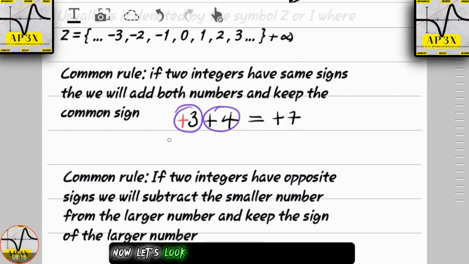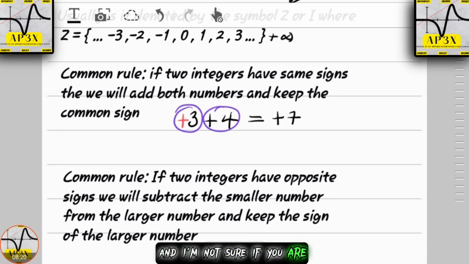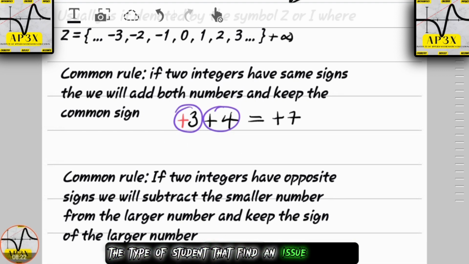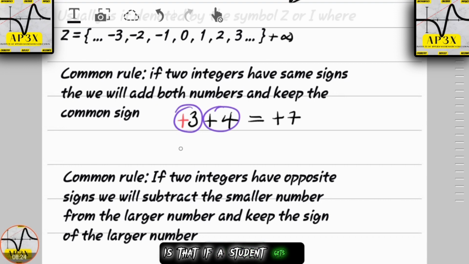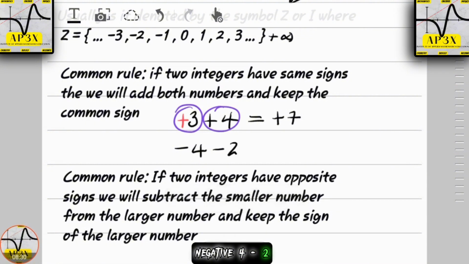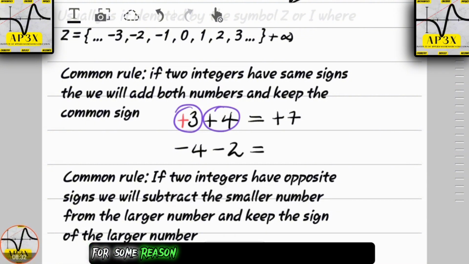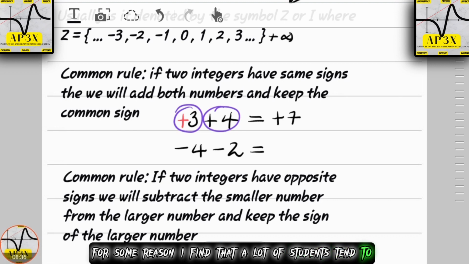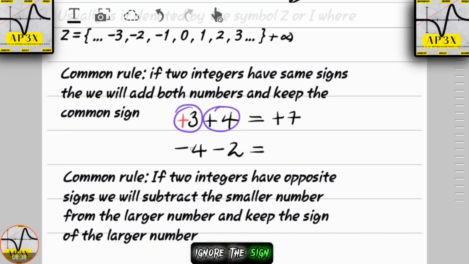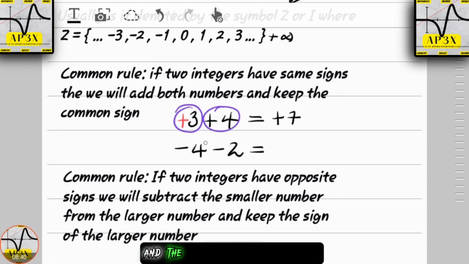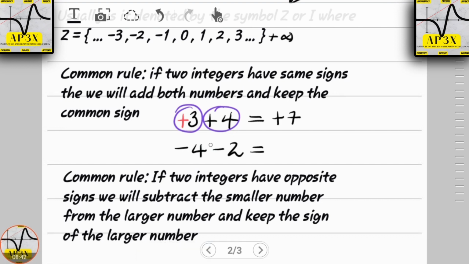Now let's look at an example that I find, and I'm not sure if you are the type of student that finds an issue with this. Say a student gets negative 4 minus 2. For some reason, a lot of students tend to ignore the sign and visualize this number as just 4.